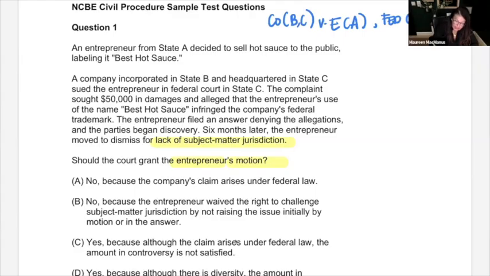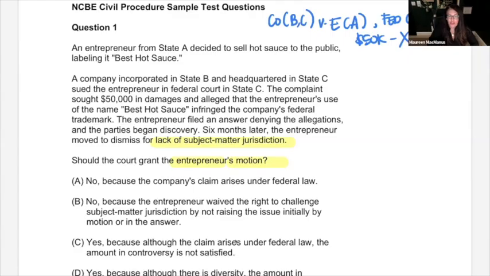The complaint sought $50,000 in damages. So there is diversity, but there's only 50K in controversy. So there's no amount in controversy, and I'm going to put an X there because that's not met. So we don't have SMJ based on diversity.